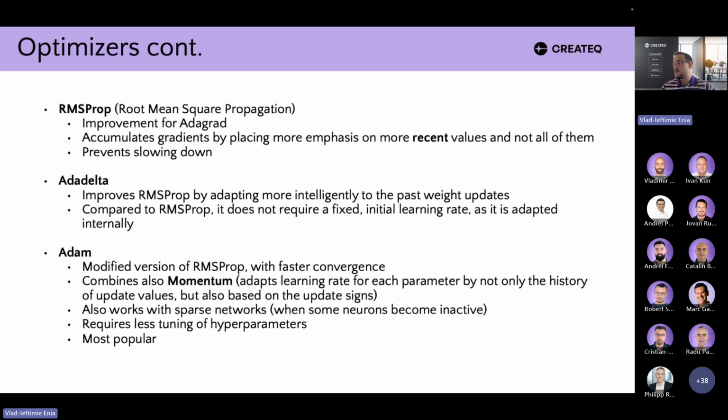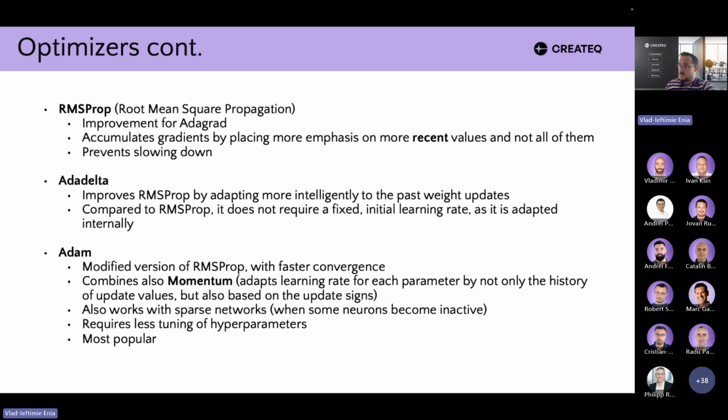And probably the most versatile and the most used one for deep learning is Adam, which also combines what I told you before with momentum. Momentum is similar to what AdaGrad does by adapting the learning rate for each weight, but it adapts it not only by the values of updates but also their signs, their direction, because you can update the weights with plus or with minus.